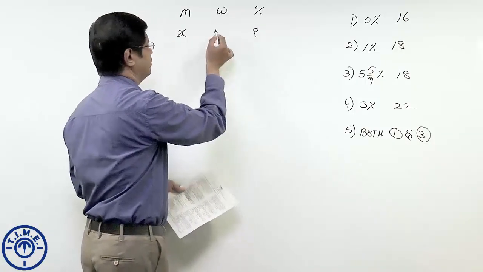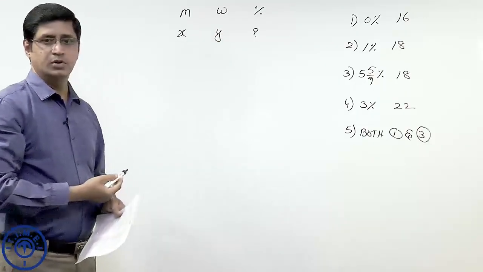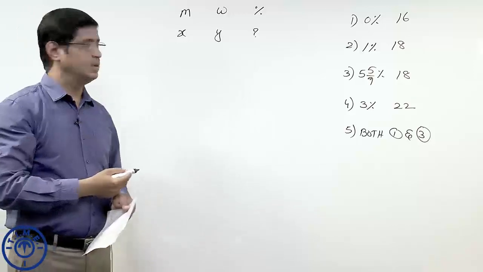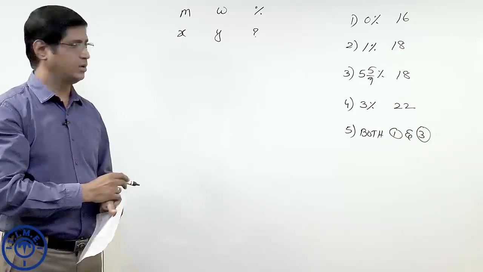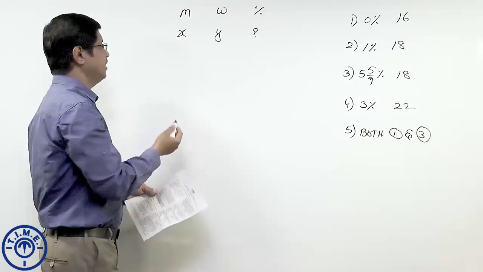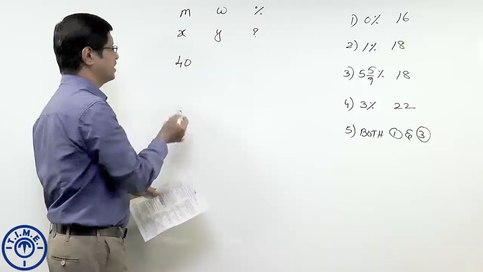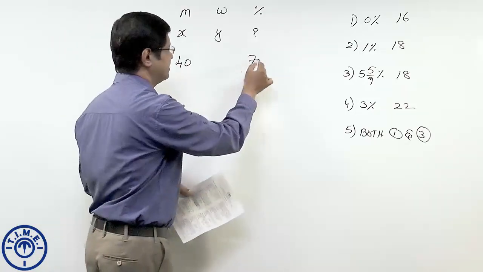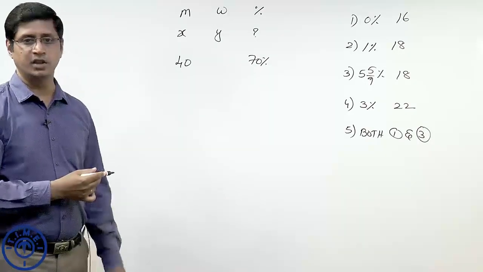So I am assuming the number of matches won as Y. After the new captain joined, the number of matches played is 40 and 70% of the matches were won.